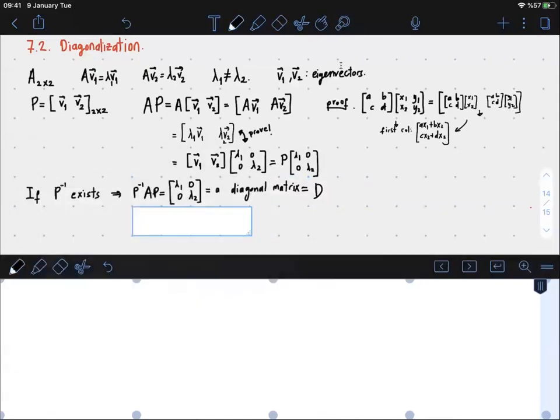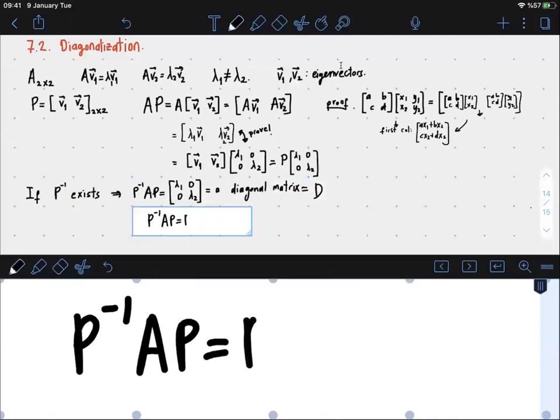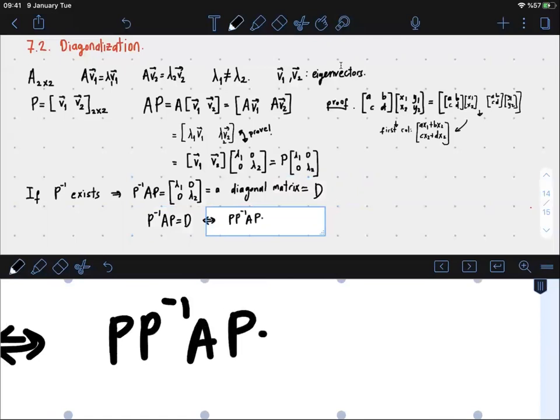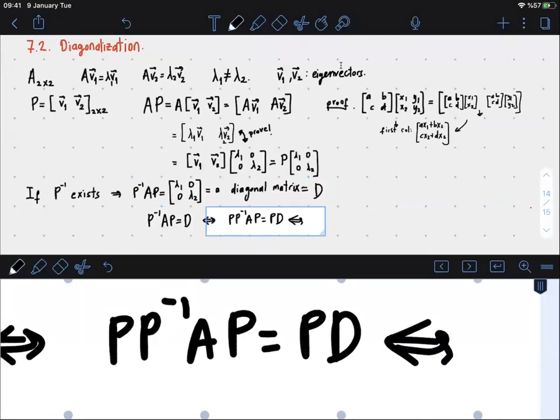If I multiply both sides with P from the left, I get P inverse A P equals PD, and this part is gone because this is identity, right?